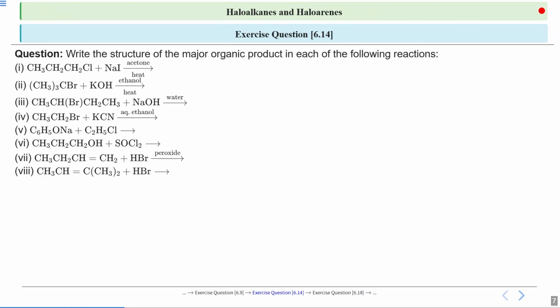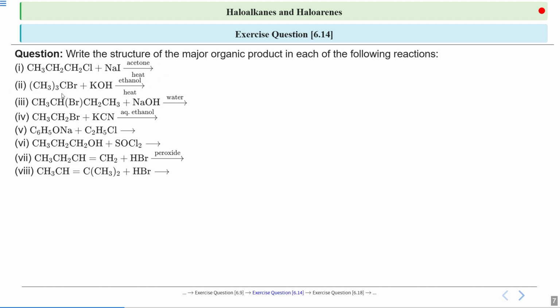Okay, let's see our next question, exercise question 6.14. The question is, write the structure of the major organic product in each of the following reactions. So we have been given 8 reactions. You have to write the major product which you will get in each of the reactions. The first part is chloropropane reacting with sodium iodide in the presence of acetone and heating. Then what will be the major product?